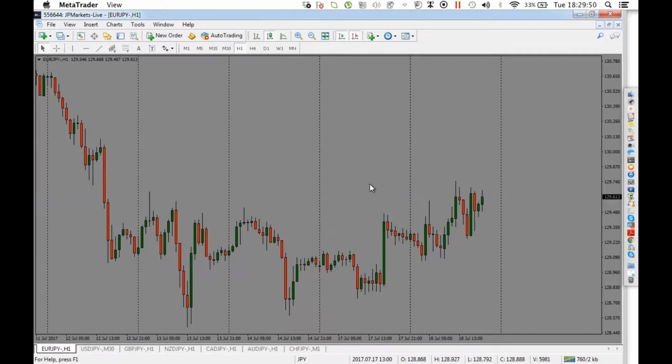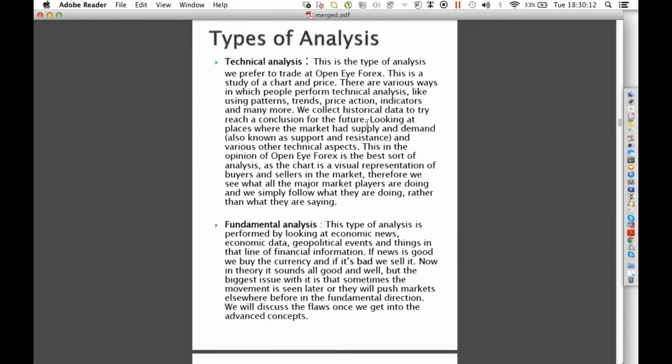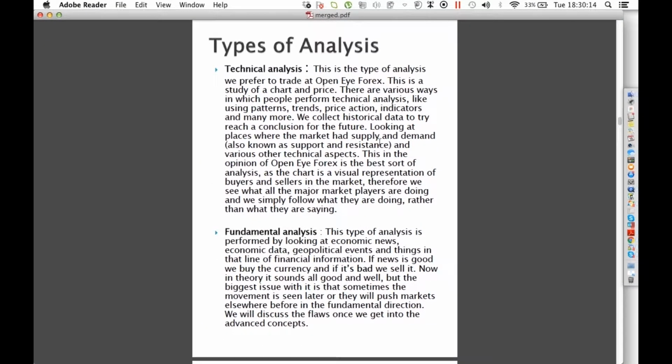If it's still gibberish to you now, you will get to understand as we go through the course. By the end of this lesson, you will have a clear understanding of what all of these green and red bars mean. So that's technical analysis, looking at all of that and reaching a conclusion as to whether you would like to buy or you would like to sell.